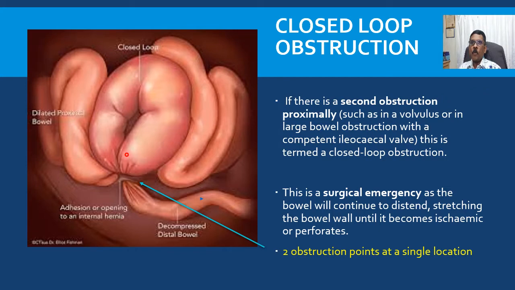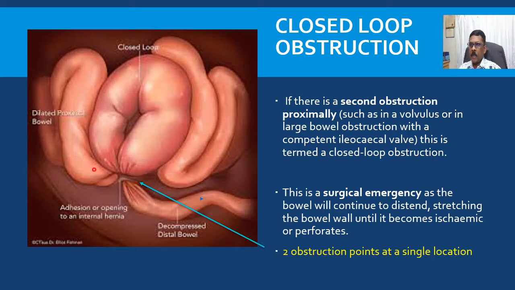Then there is the so-called closed loop and open loop obstruction. Closed loop obstruction is a very serious condition, in which there is a formation of a closed loop due to obstruction at two sites adjacent to one another in the same segment of intestine.